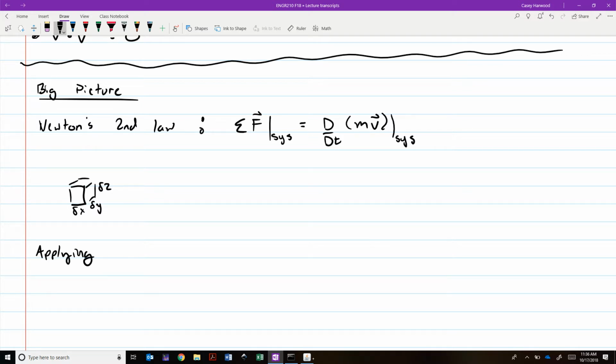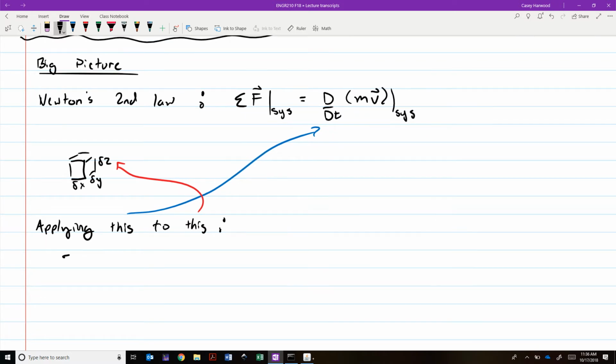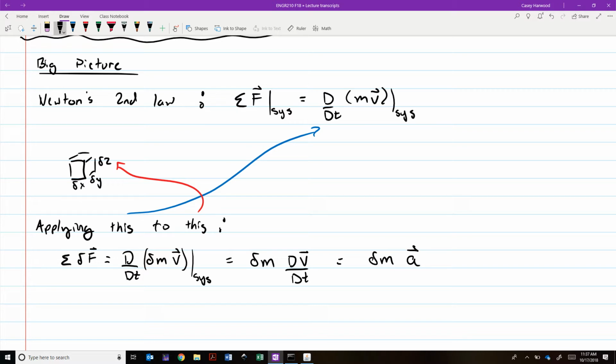that applying this to this, the sum of forces on this little volume, and I've included a delta F here to imply that for a small volume you're only going to be able to apply small forces to it, is equal to d/dt of the small mass of that fluid particle, m, times velocity.